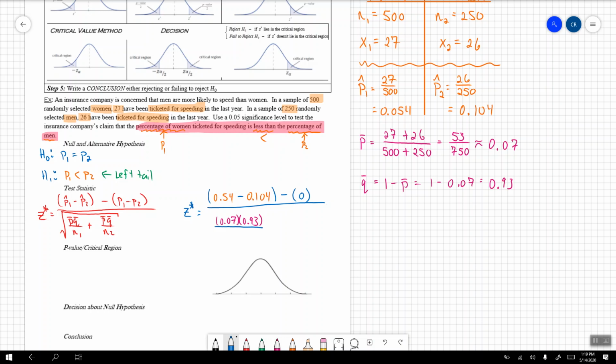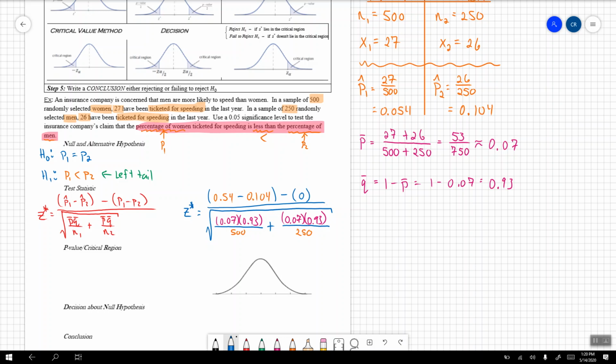And N1 is that 500, because we had 500 in the original sample, plus, again, I still need that p bar, and I still need q bar. There we are. Divided by the second sample size, which should be 250. And then we take the square root of that denominator as such.